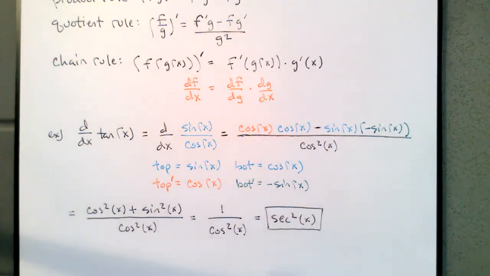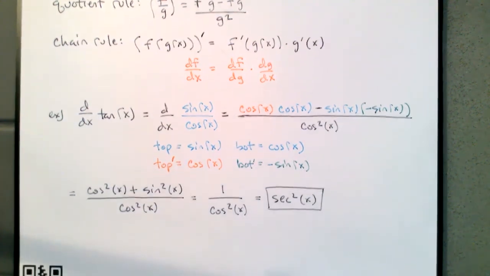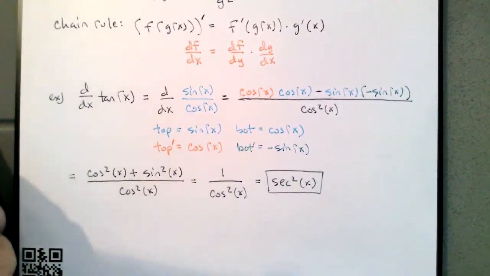And this we could put in our basic derivatives toolbox. We can now just use the fact that the derivative of tangent is secant squared.